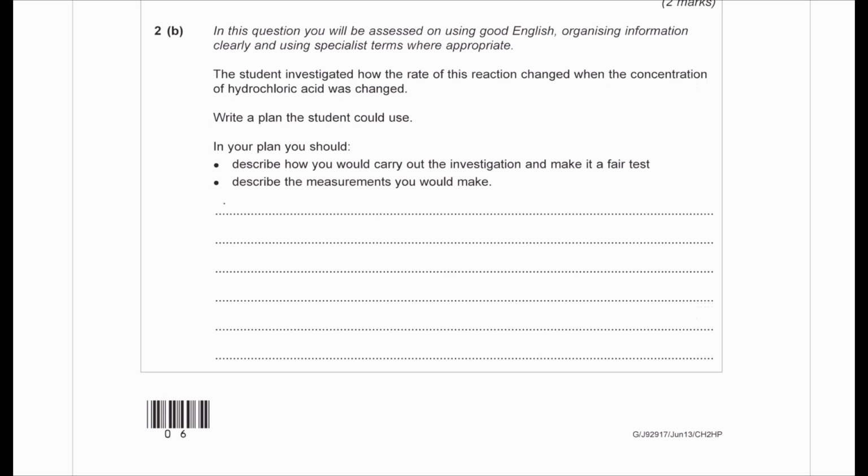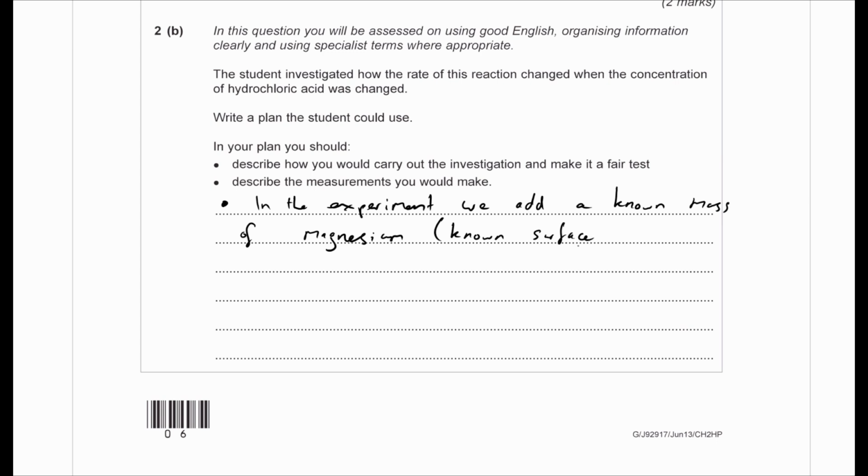So the first thing I'm going to say is that in the experiment we add a known mass of magnesium, and I'm also going to put known surface area, right? Because surface area is also something that can increase the rate of a reaction.